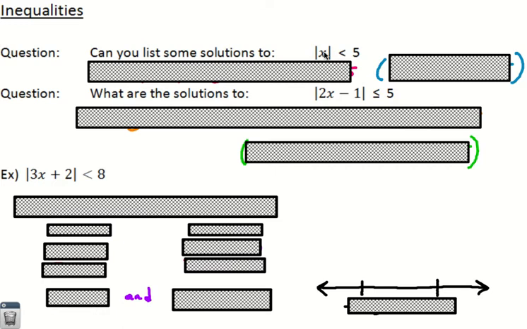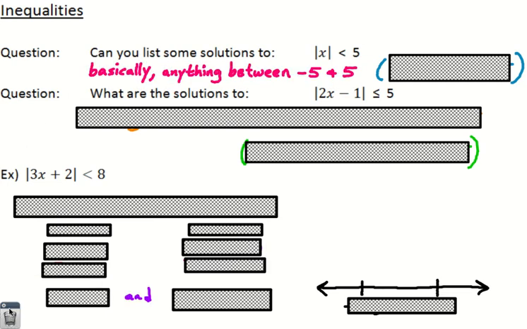Well, that's not that mysterious. But how about the absolute value of negative 6? Is the absolute value of negative 6 a solution? No, because the absolute value of negative 6 would be 6, and that's not less than 5.